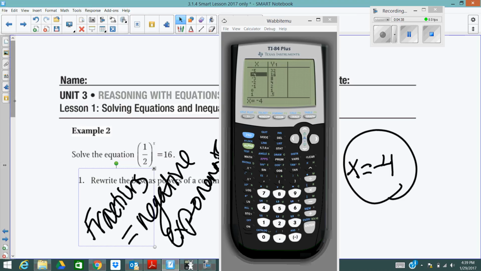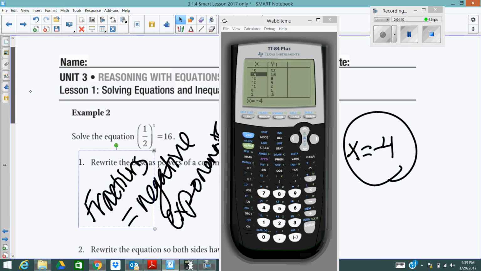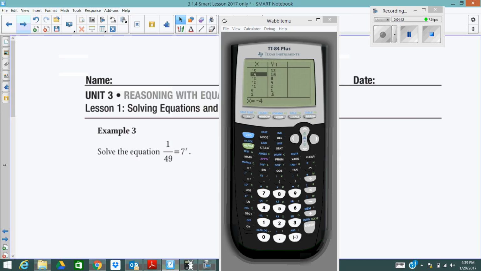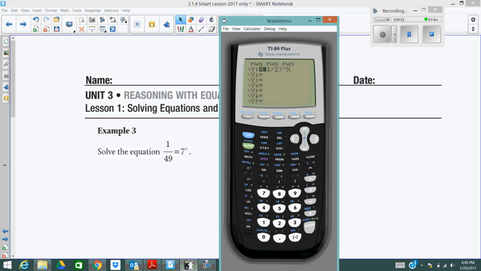Let's take a look at example 3. In this example, we have a whole number equal to an exponent, so again, it probably means that our answer is going to be a decimal. So let's type 7 to the x power into our y equals, and let's look at our table.